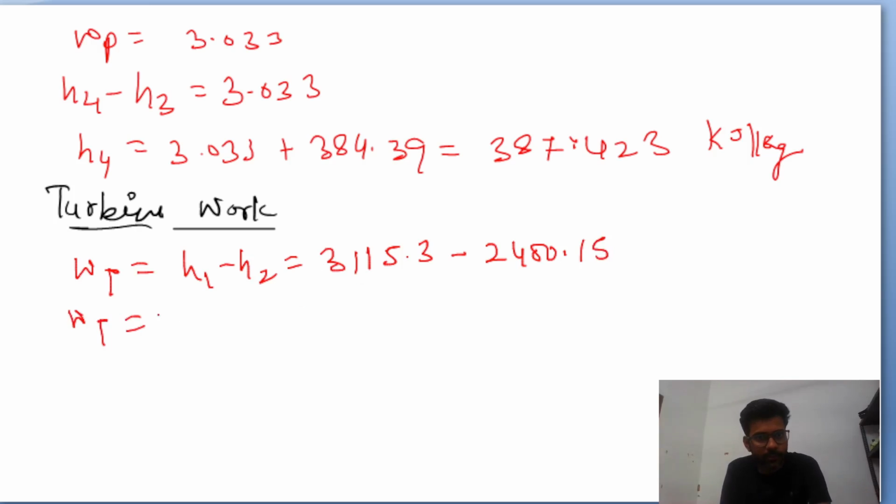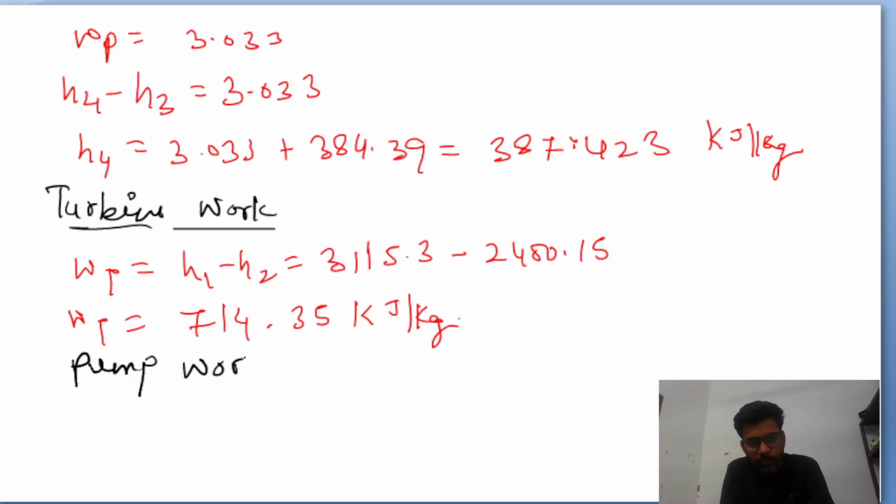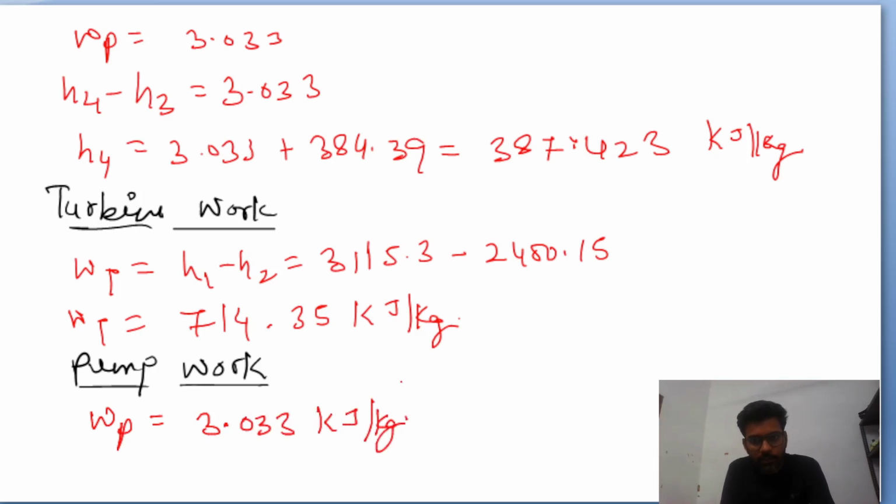So we get turbine work, Wt, equal to 714.35 kilojoule per kg. Now the pump work we have already calculated, which is 3.033 kilojoule per kg.